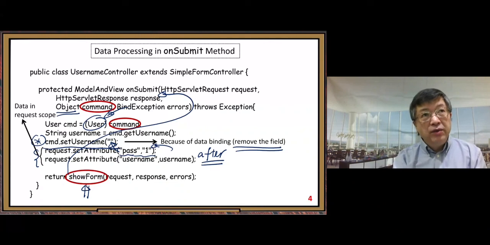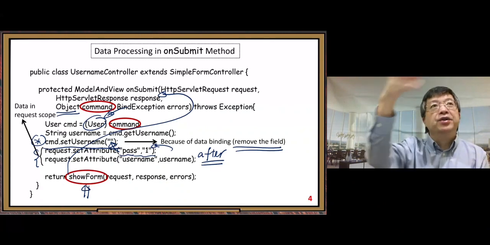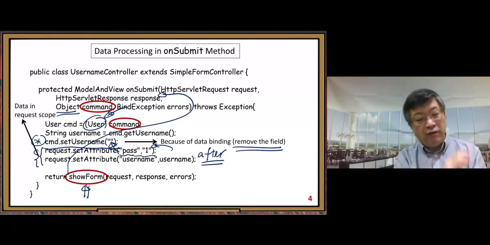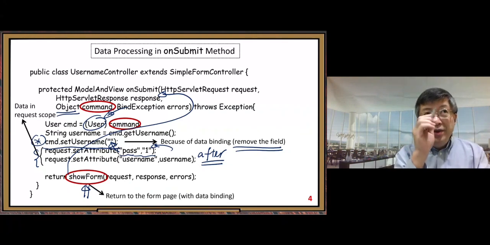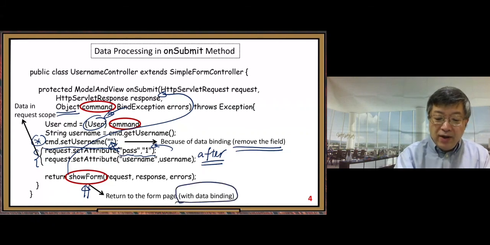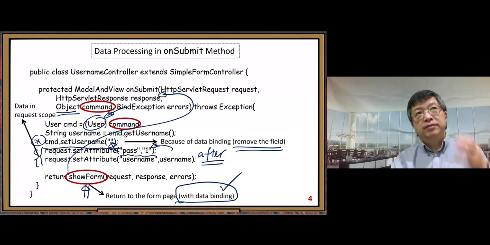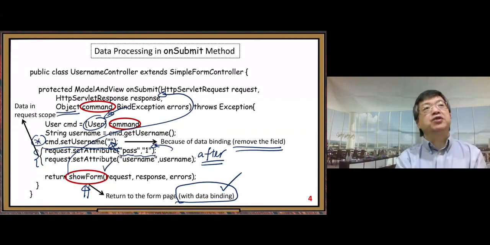If you do not send the response to the original form but to another form, then you use a different way. So this is for the original form way. But when you return the response to the original form, remember, you need this data binding part connected to the page. So that's why this ShowForm method is special.